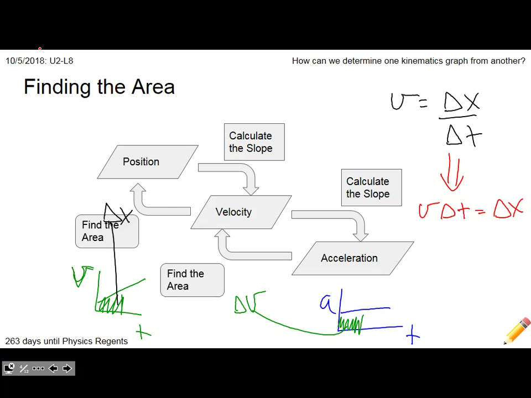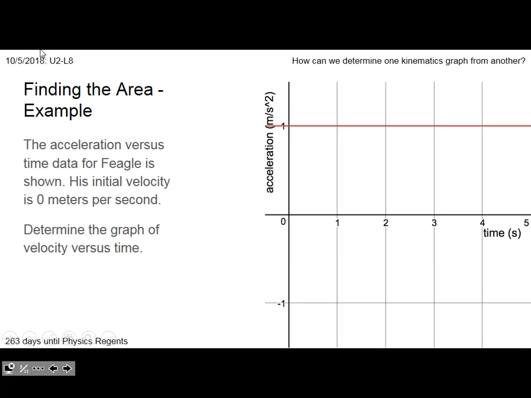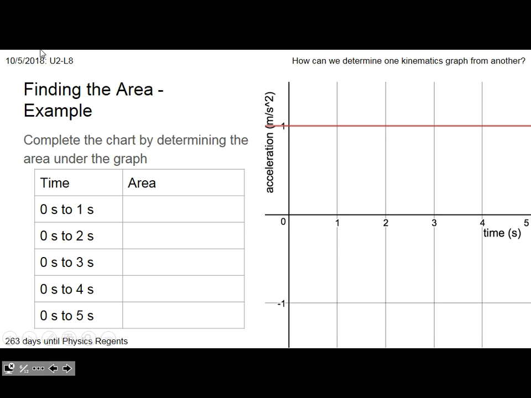Okay, so let's look at an example, and we're going to start with this acceleration versus time graph. And we want to figure out the velocity versus time graph. Here's what we would do. I've got this chart, and I want to know what is the area between 0 and 1 seconds.